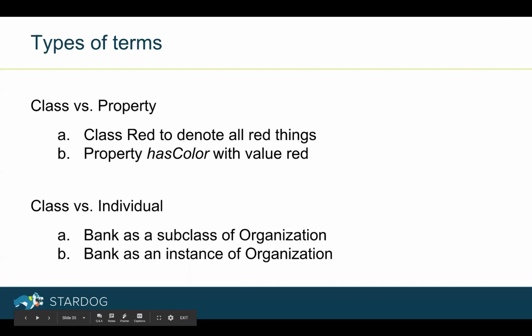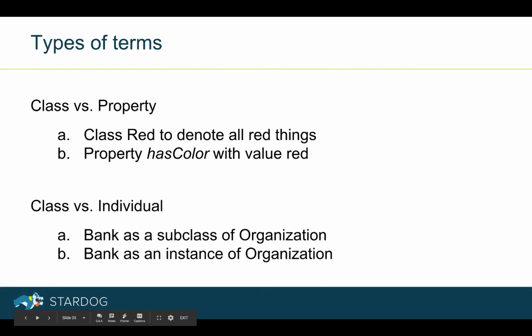When coming up with the terms for your ontology, there are a few decisions that you need to make with the types of terms that you want to use to represent things. So you have the class versus property decision, as in, you have a red thing. Should you represent that as a thing that has the class red, or as a thing with a has color predicate that has the object value of red?